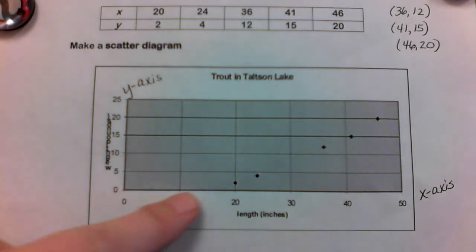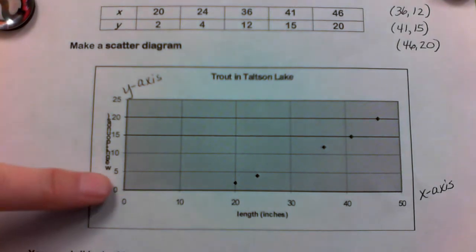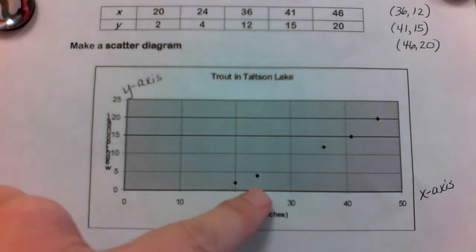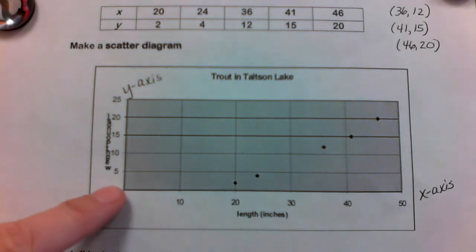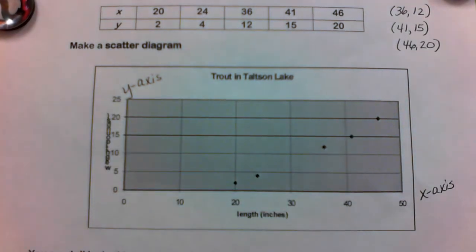We have our x-axis, which is the length of the fish, and our y-axis, which is the weight of the fish. So for the ordered pair (20, 2), they went over 20 and up 2, and they went over 24 and up 4, over 36 and up 12, and so forth. So we have our 5 fish graphed on this scatter diagram.